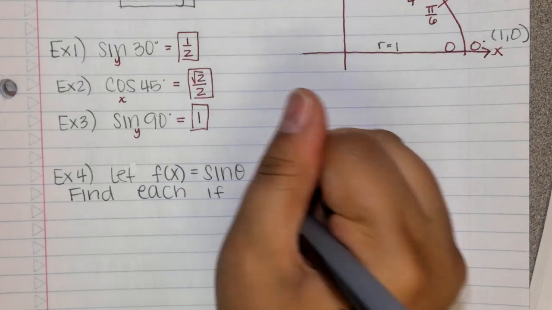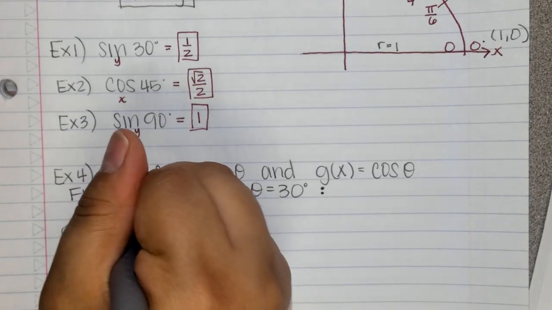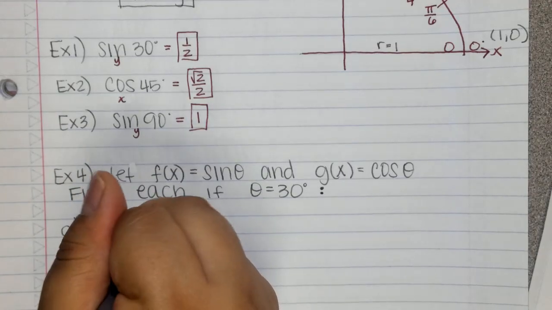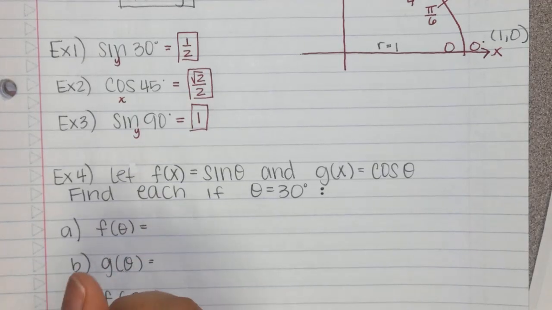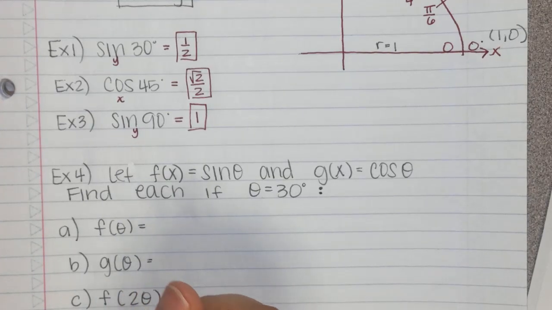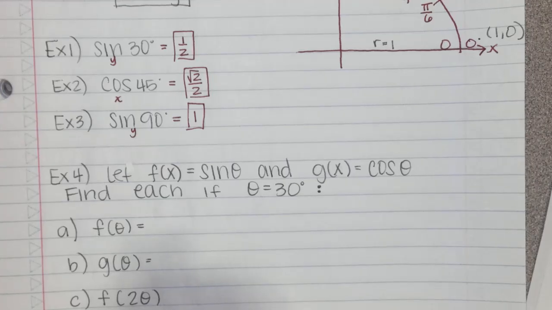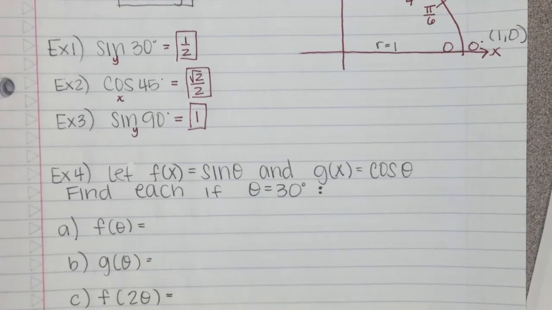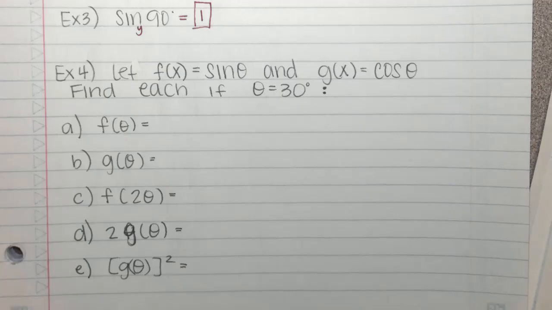Find each if theta equals 30 degrees. I'm going to give y'all about 2 minutes to do this.